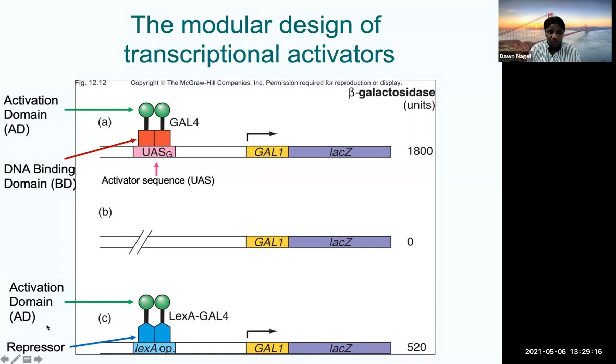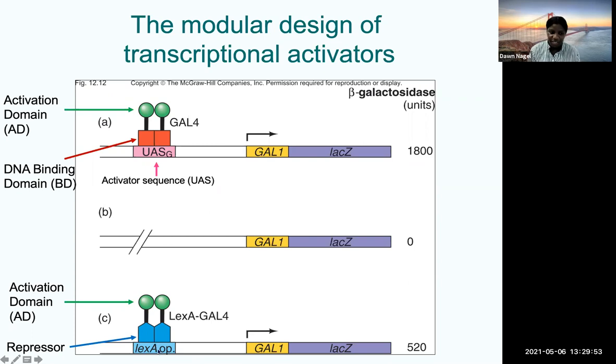And what makes this transcription activator a good system to understand how a gene is regulated is that the parts are modular, so you can remove them from each other, okay? So in this example in C, you're looking at the same gene, beta-galactosidase, driven by the GAL1 promoter. In this region, you have a LexA operator. And you guys remember, an operator is bound by a repressor to turn off gene expression, okay?